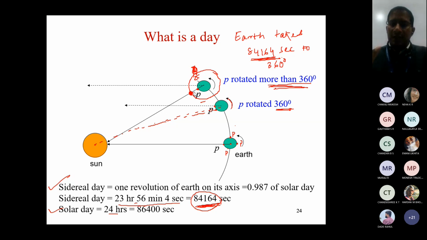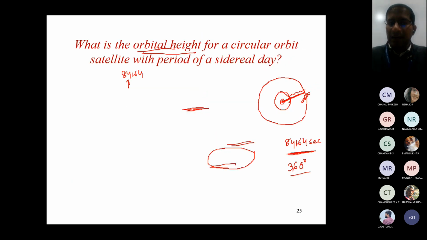So that is the idea: if the satellite can rotate at the same velocity, and takes the same time that the Earth is taking, then they will become relatively stable, or synchronous. That is the idea, to make them relatively stable. With that idea, we are coming to this particular example.